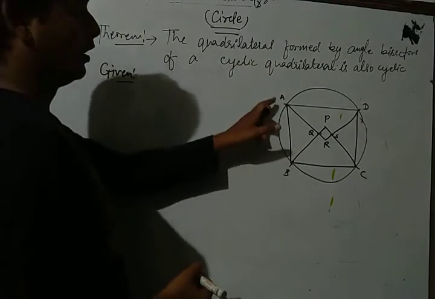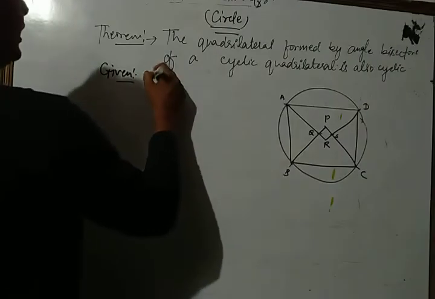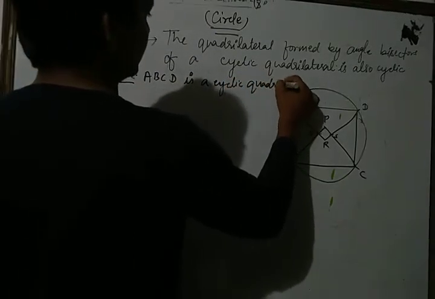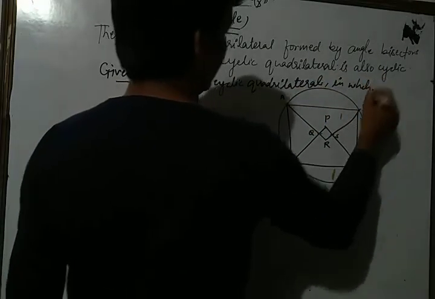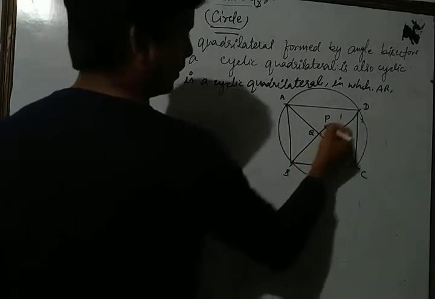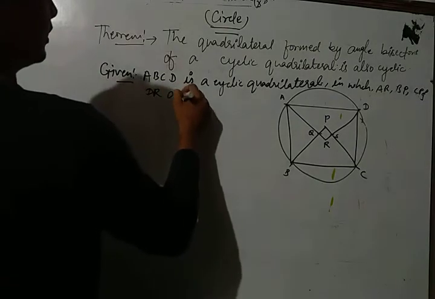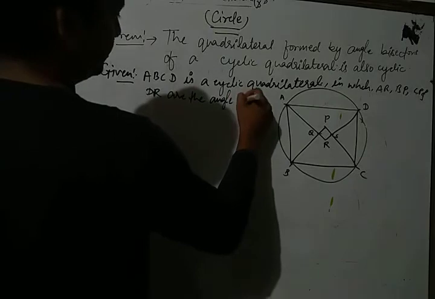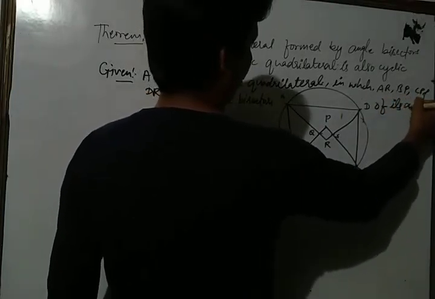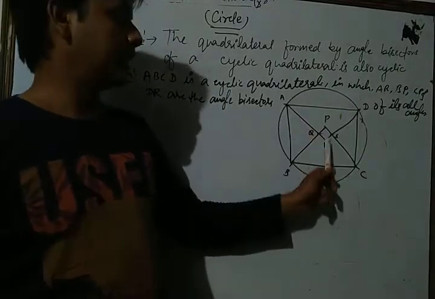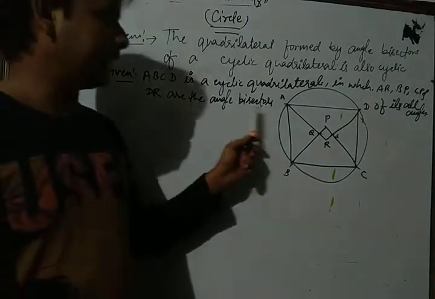A quadrilateral ABCD is a cyclic quadrilateral, in which AR, BP, CP and DR are the angle bisectors of all its angles. This is given. We write: ABCD is a cyclic quadrilateral in which AR, BP, CP and DR are the angle bisectors of all its angles.